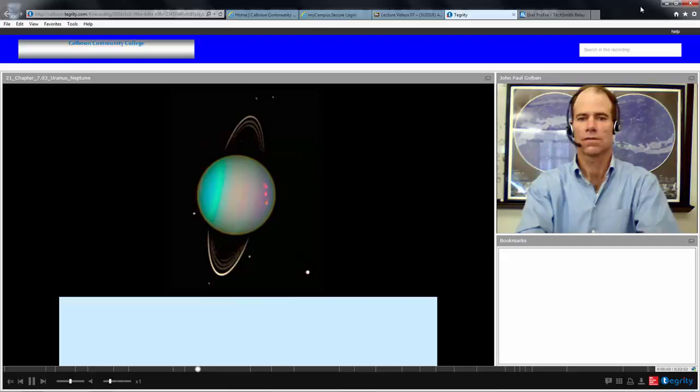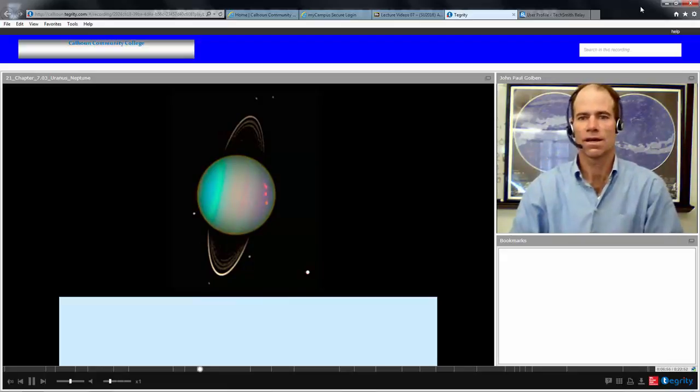Hence, a more recent picture shows much more clarity of distinction of bands and storms on the surface of Uranus. A very beautiful picture here, showing very colorful bands along its surface and the ring system. All the Jovians have rings. The ring system of Uranus and its moons.